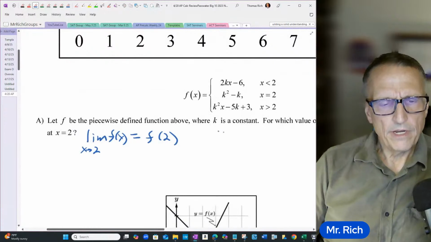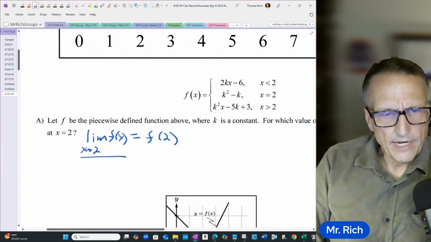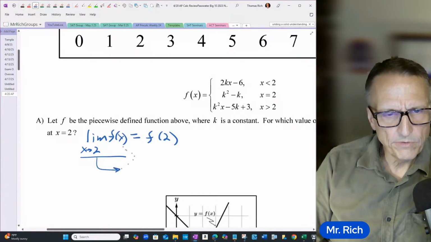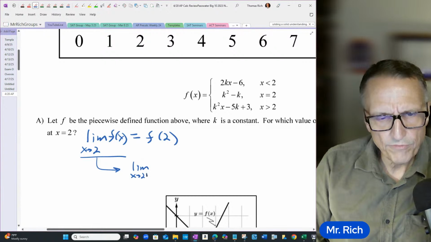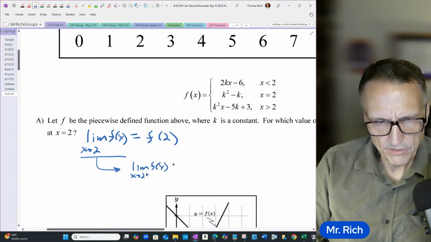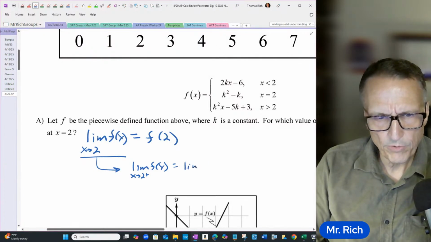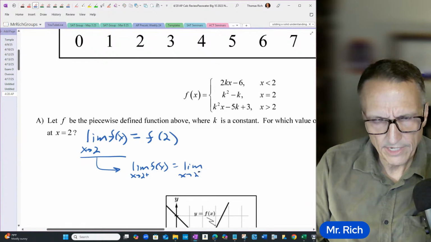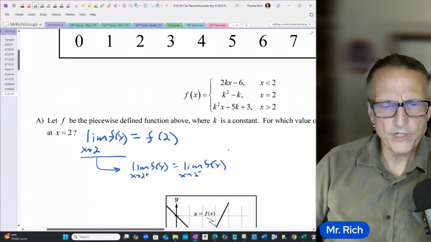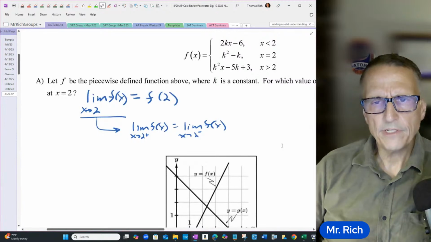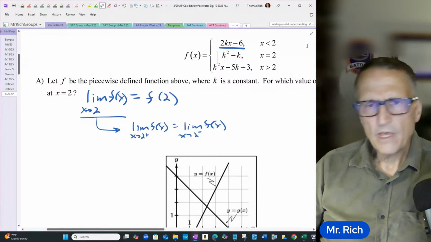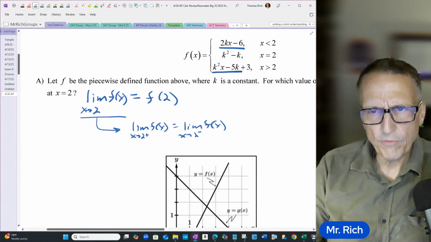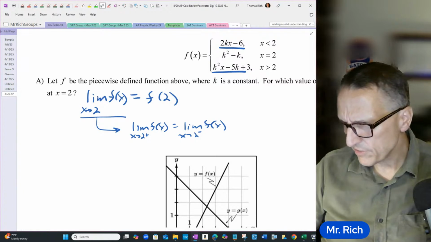Well, in order for the limit to exist at x equals 2, what you learned in Unit 1 is that the limit as you approach 2 from the right has to be equal to the limit of the function as you approach 2 from the left-hand side. So that's going to be the equation that we're really going to use here. This is going to be my function to the left, and this is going to be my function to the right of 2. And so that is what I'm going to do.